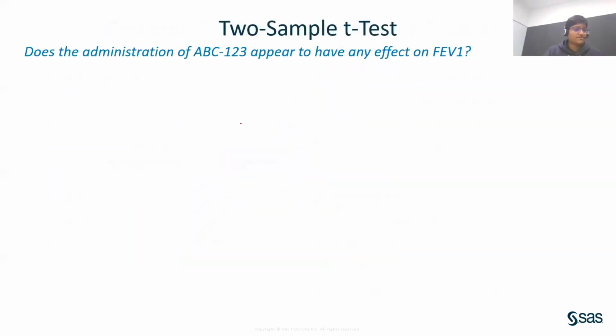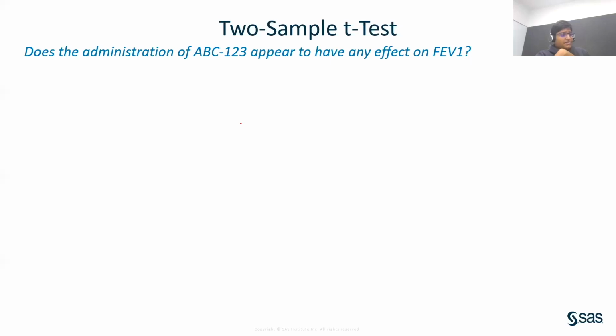So we are going to first start off with the example relating to the two sample t-test. The moment you talk about two sample, you're basically doing a two group comparison. We are just talking about a simple test of a drug, ABC123, having any effect on FEV1. FEV stands for forced expiratory volume. Your samples would be people who have respiratory problems, which could be asthma or just a simple breathing issue.